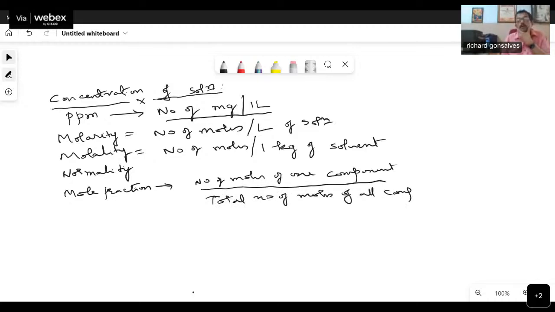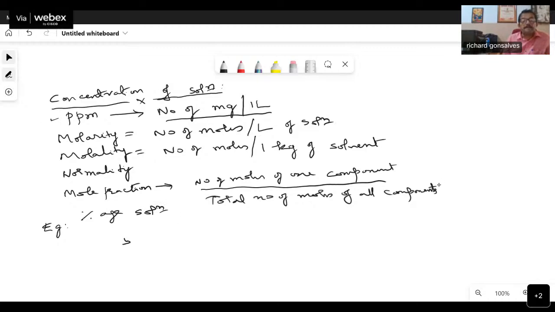This is called mole fraction. Now I will explain this with 1-2 examples. Quickly we'll do. And there is one more called percentage solution. We'll start here. I will start with ppm.